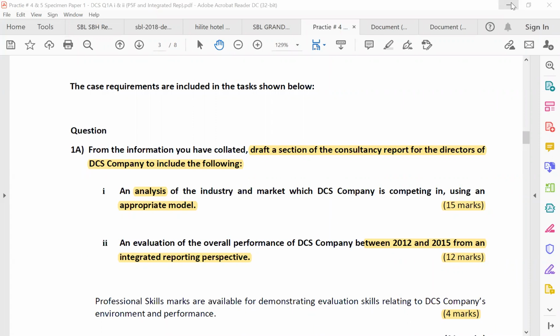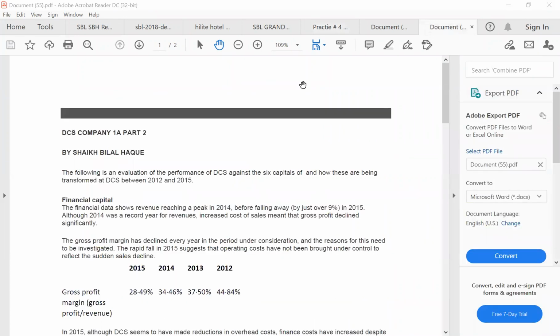I'm showing you the answer. Basically, the question was about discussing integrated reporting, right? So it's quite a simple question that you must have solved yourself as well. But if you have certain difficulties, you can see this.